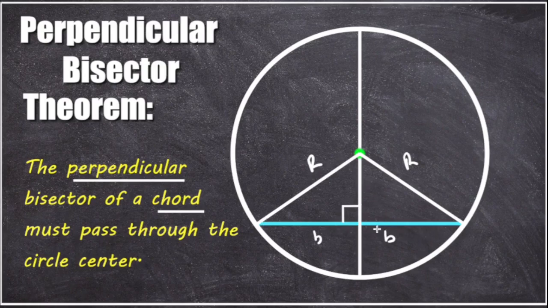So the line that's perpendicular to the chord and that passes through the circle center must be the perpendicular bisector of the chord. And since there are no other positions where the perpendicular bisector could be, it must pass through the circle center, and that's exactly what the theorem states. The perpendicular bisector of the chord must pass through the circle center.